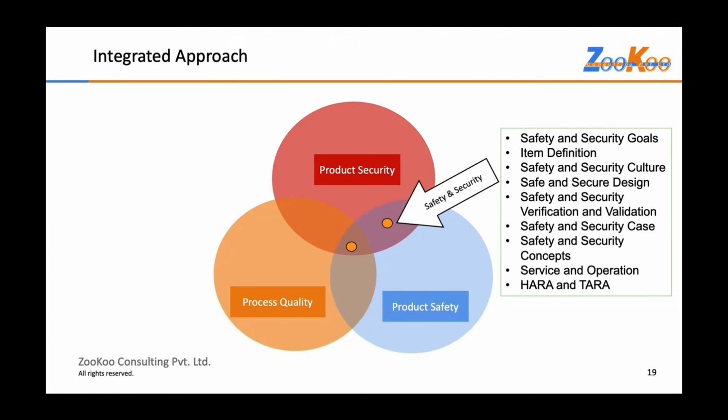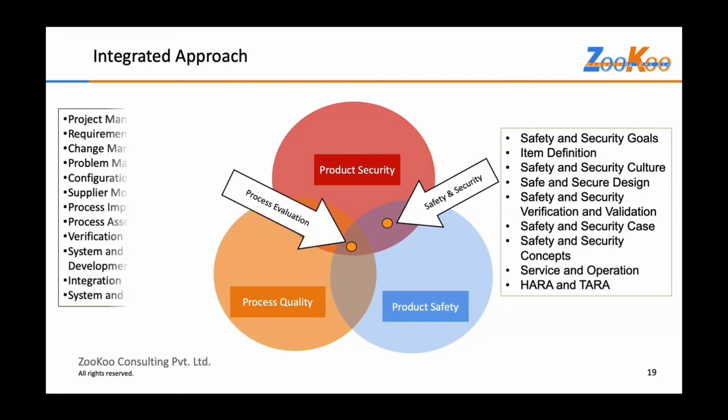Their structure and architecture are also similar. We can see in safety there is safety culture, and in security there is security culture; item definitions, goals, verification, validation, cases. HARA is to be taken care of in functional safety, TARA in your cybersecurity. These are additional, but certainly we require the process for all these.